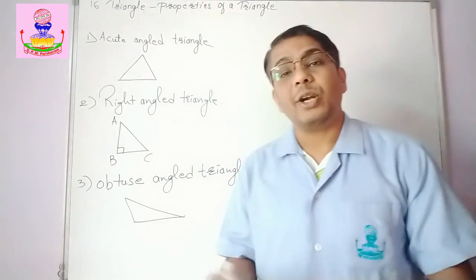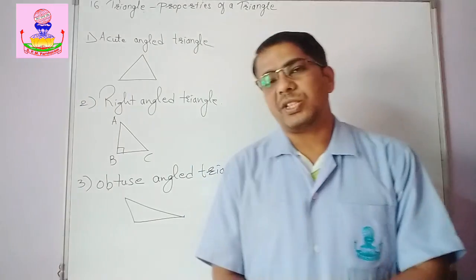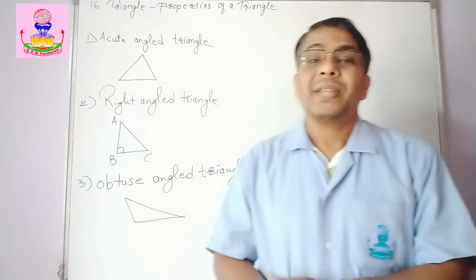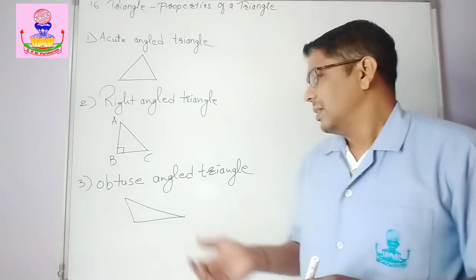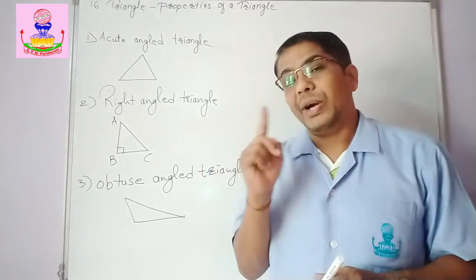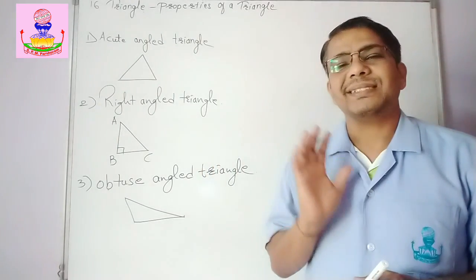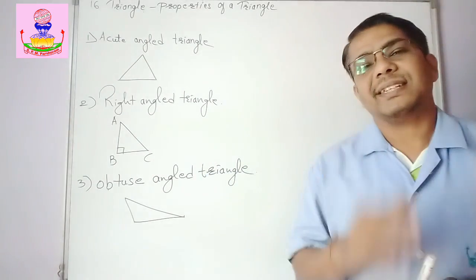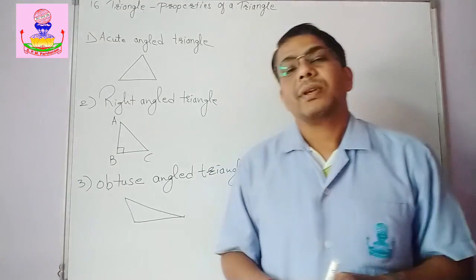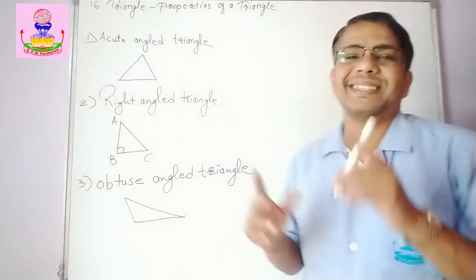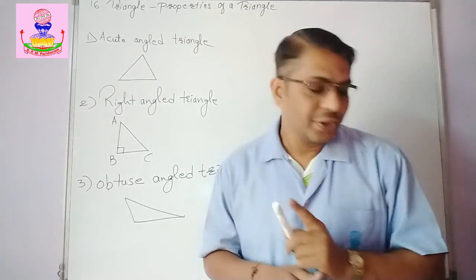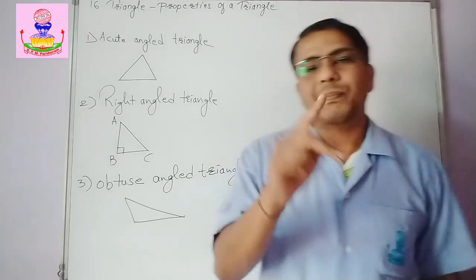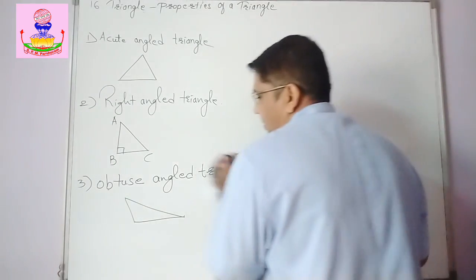If there are two obtuse angles, the third angle will not exist, and then it is not a triangle. Hence, there is always only one obtuse angle in an obtuse angle triangle, and only one right angle in a right angle triangle. Keep this in mind.